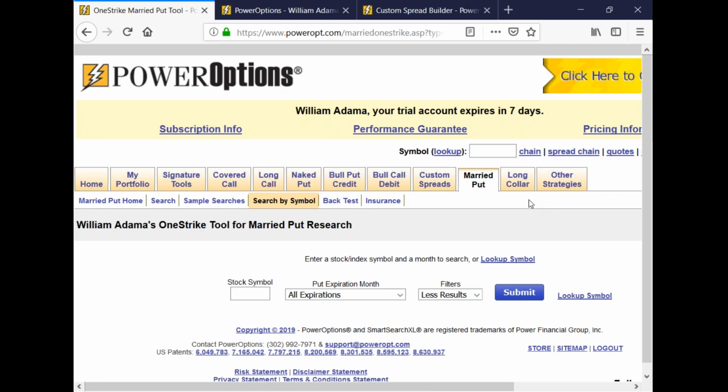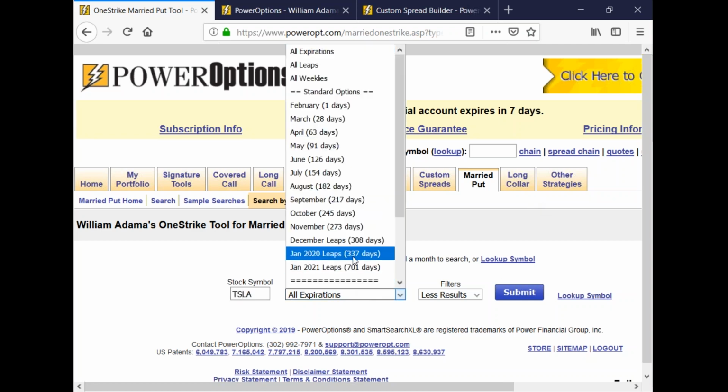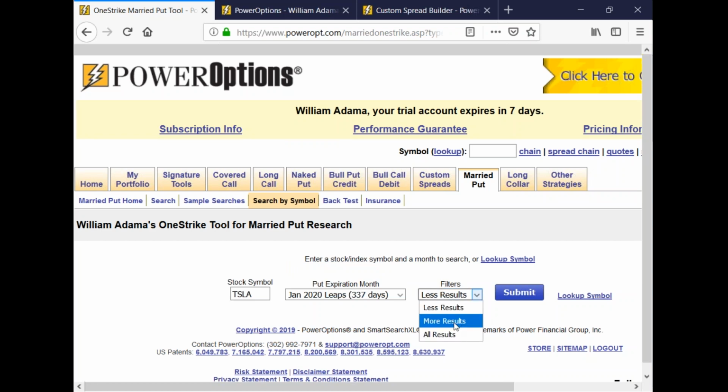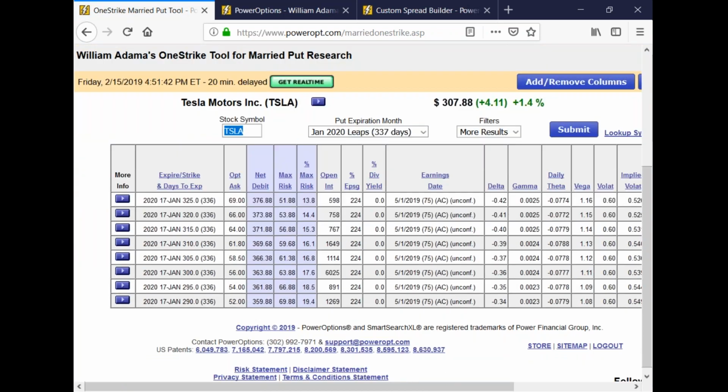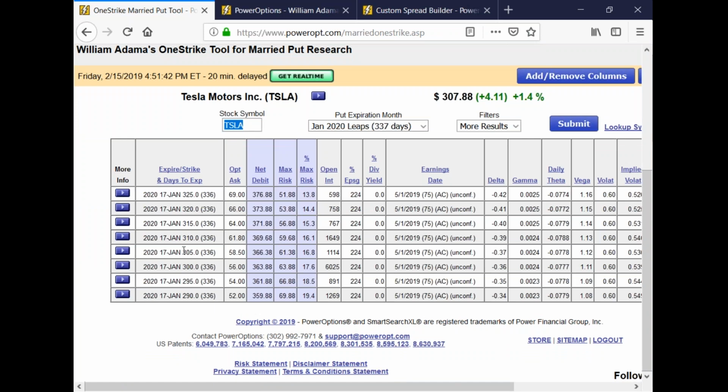Now, Tesla, let's go to January and let's look at maybe more results. Okay. So with the stock at 307, I'm probably at the 315 range and maybe 320 to keep that same range in the money, and now you see the problem.